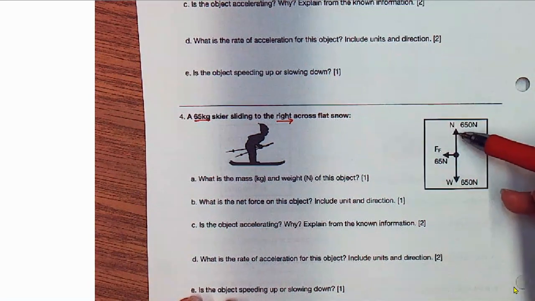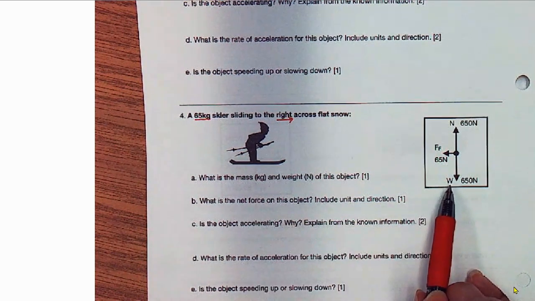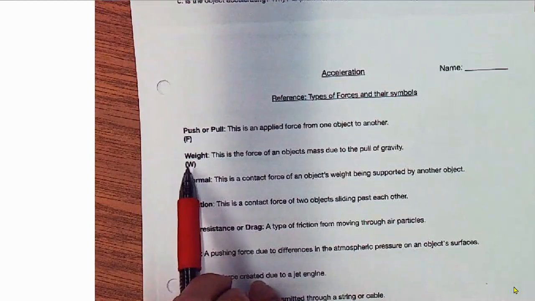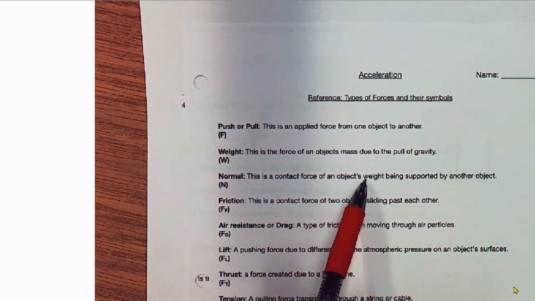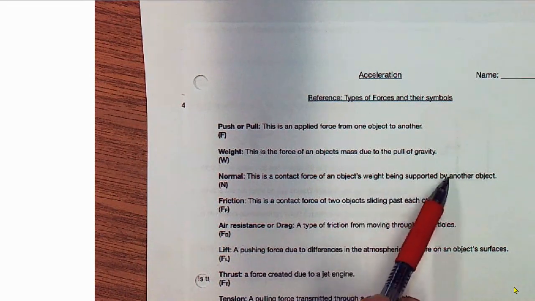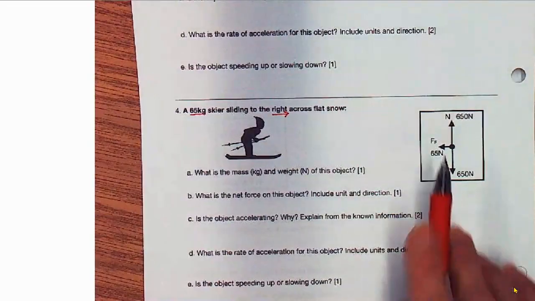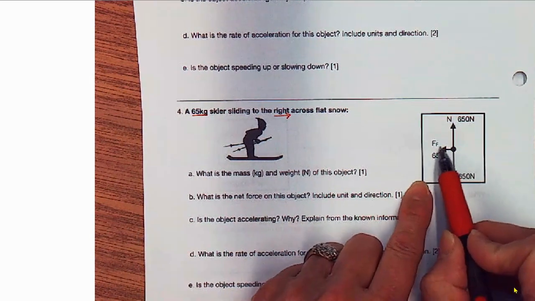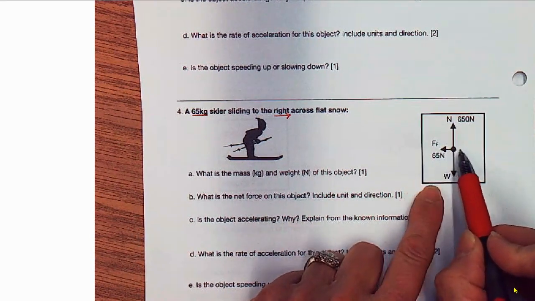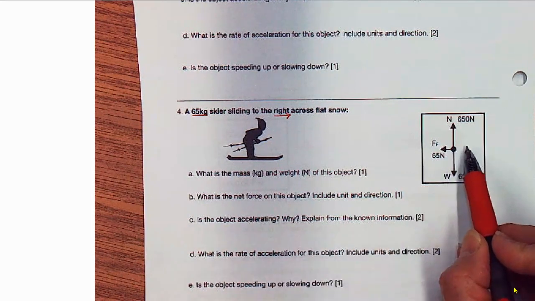Obviously, they're on flat snow. W stands for weight, and N stands for normal. This is the contact force of an object's weight being supported by another object. And those two forces are balanced. This one is not balanced. There's no opposing arrow in this direction.